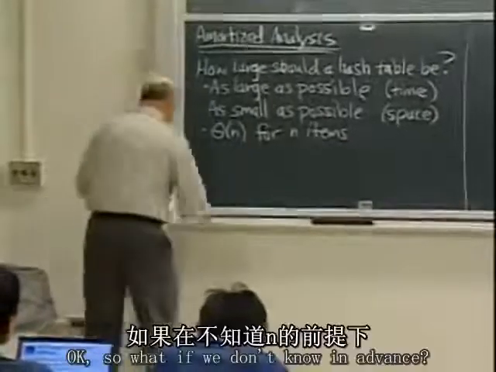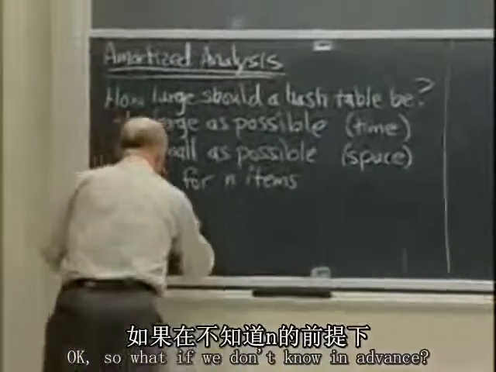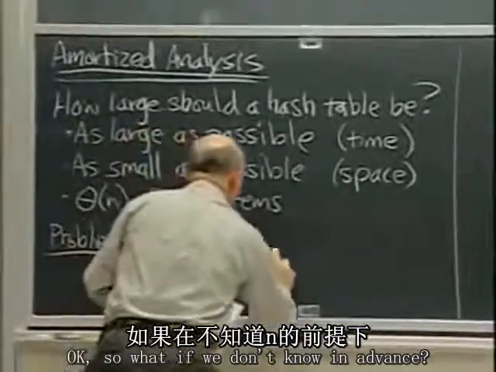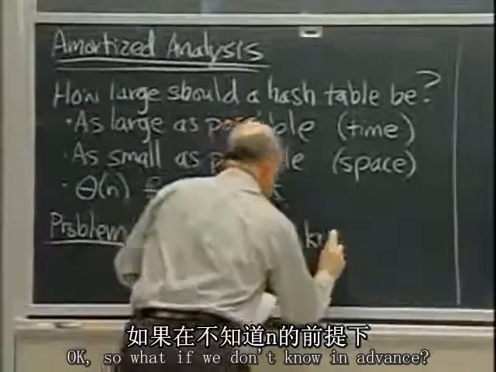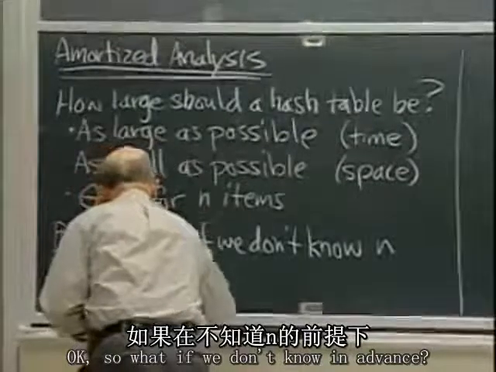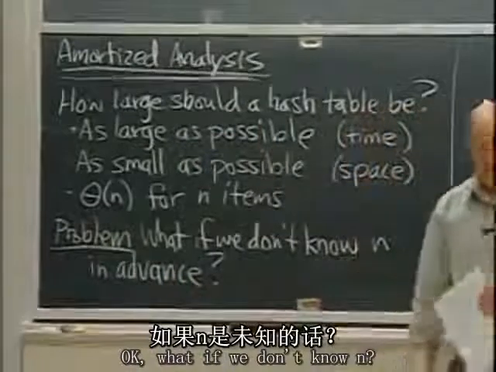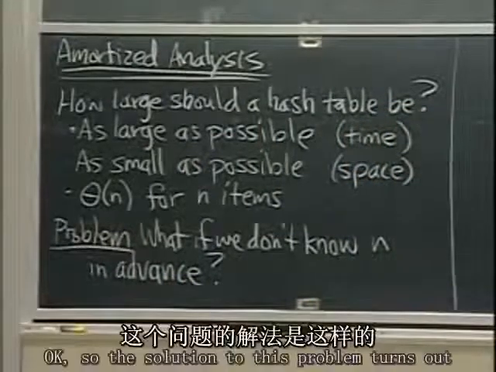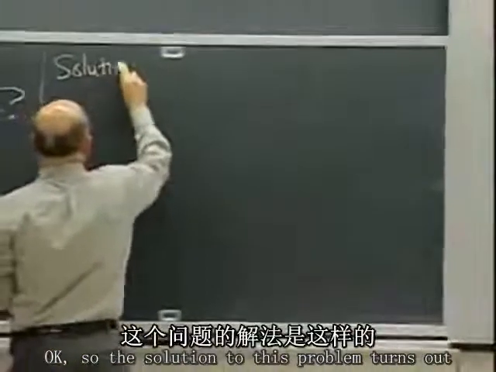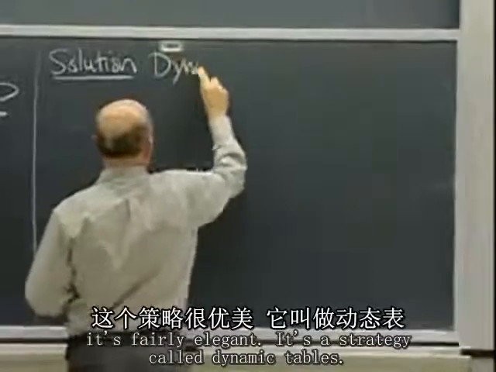So what if we don't know n in advance? So the solution to this problem turns out is fairly elegant. It's a strategy called dynamic tables.